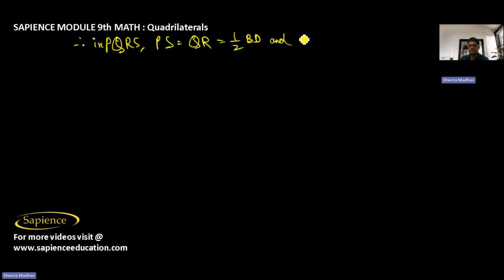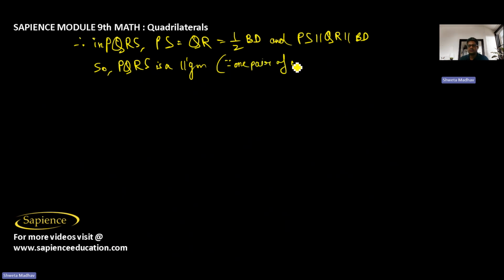And also PS is parallel to QR, since both are parallel to BD. So therefore, I can say that PQRS is a parallelogram, since one pair of its opposite sides are parallel and equal.